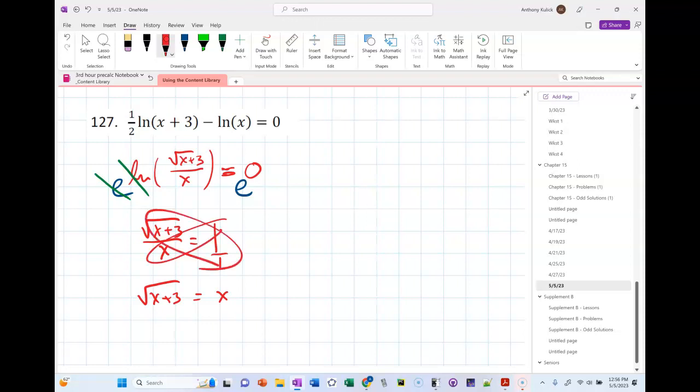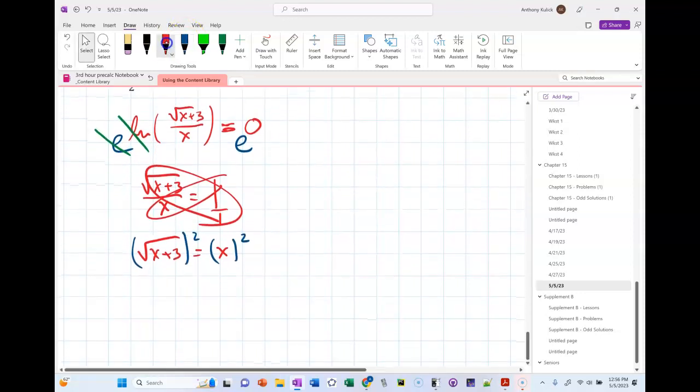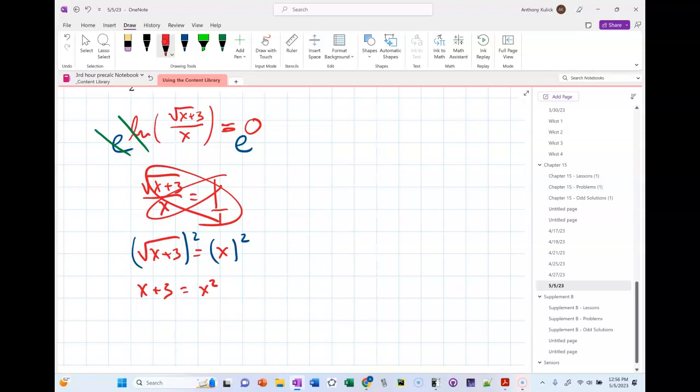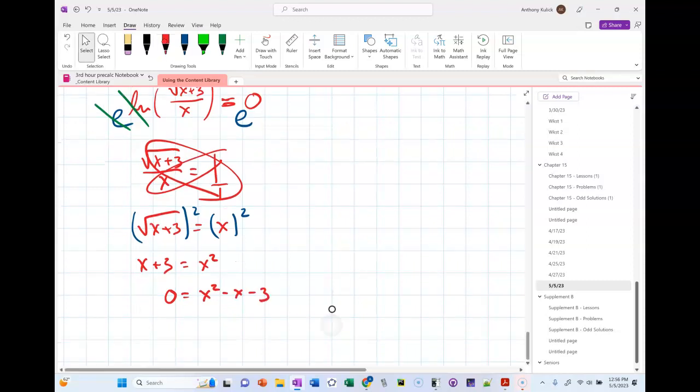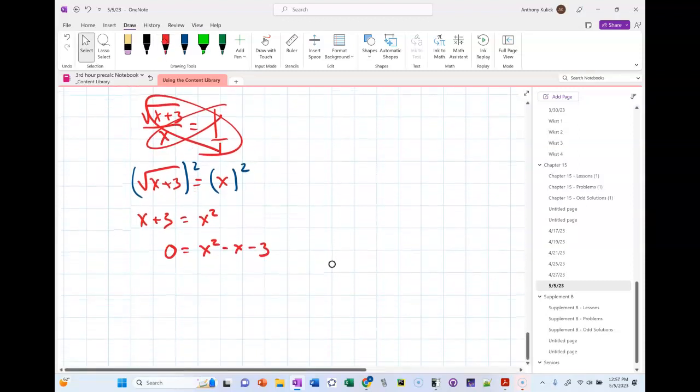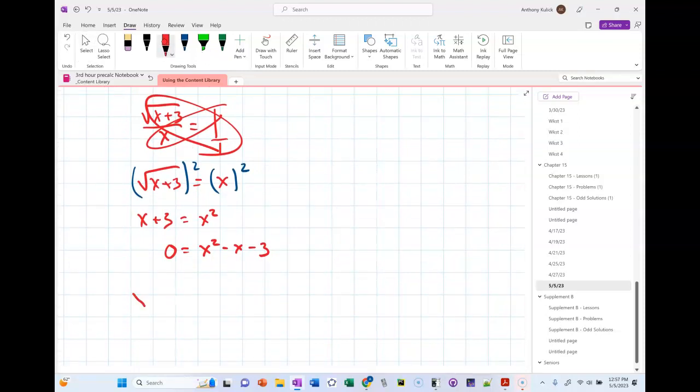So I just did like one of those. And then we're going to square both sides to get rid of the square root. And what I'm left with now is a quadratic equation. And I notice that there aren't two numbers that multiply to give me -3 and add to give me -1. So I'm going to apply the quadratic formula.